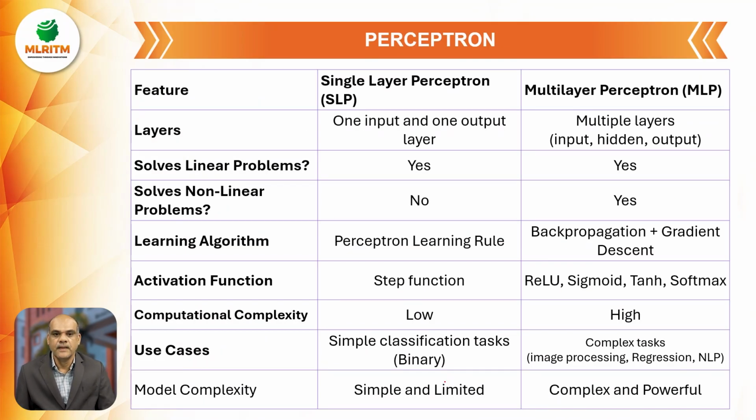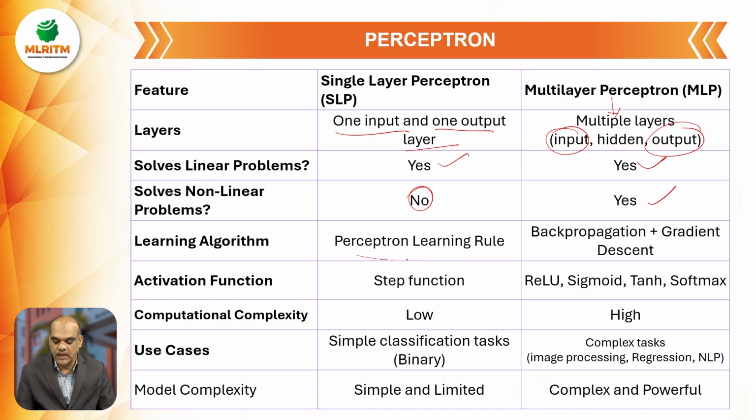perceptron. So if we compare both the models, we have one input layer and one output layer in the case of single layer perceptron. In this case, along with the input as well as output, we are going to have multiple hidden layers. Here, linear problems can be solved by both the models, but non-linear problems can be solved by only multi-layer perceptron.